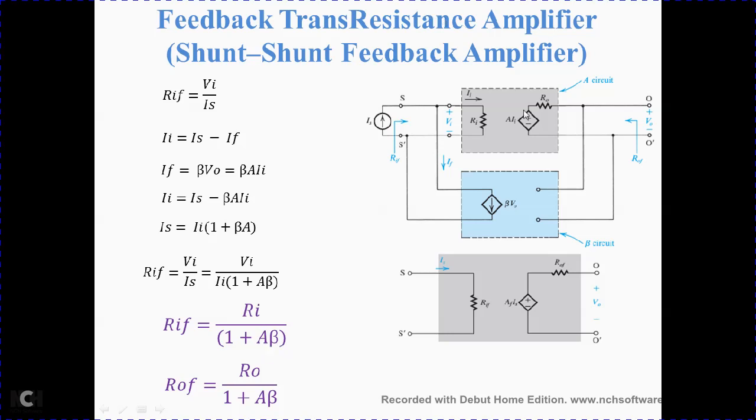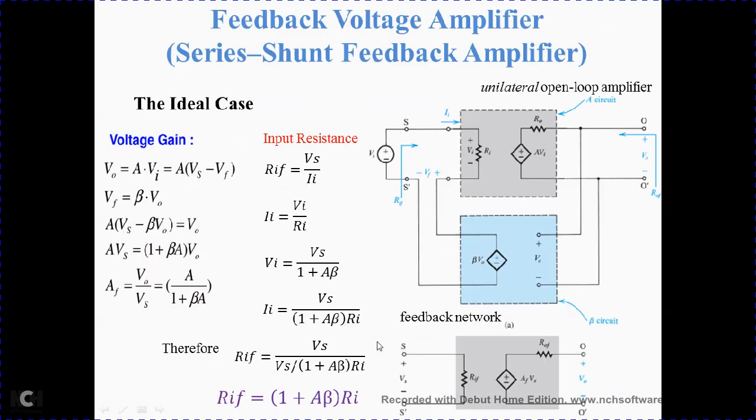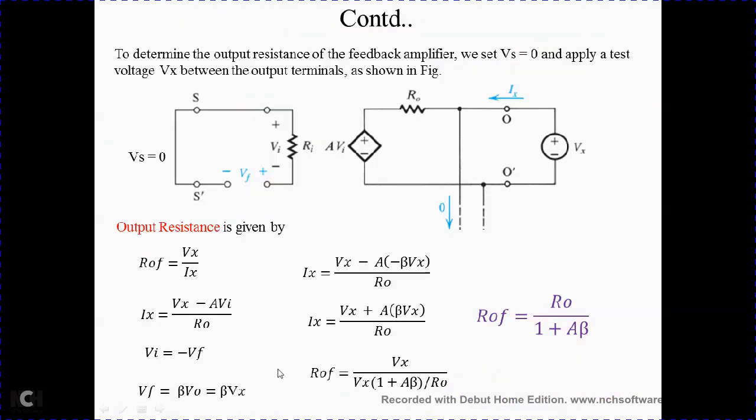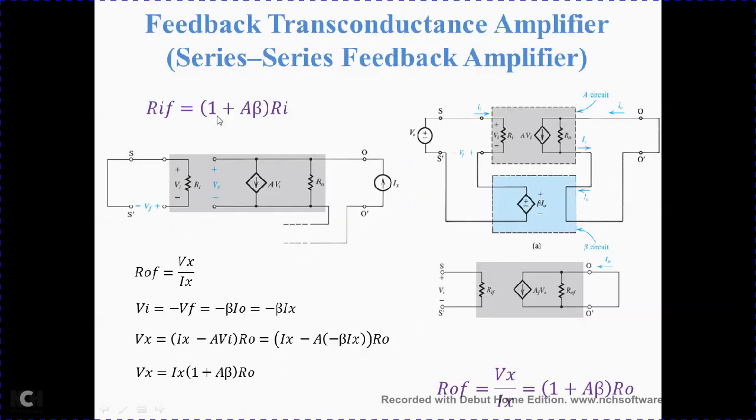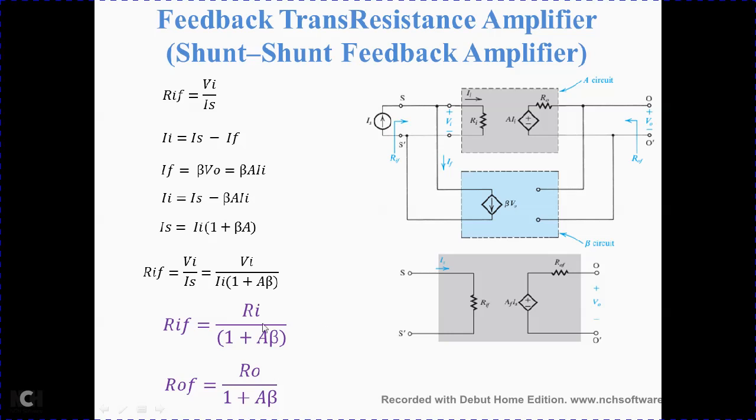In this trans resistance amplifier, input resistance is reduced by a factor of 1 plus A beta. In the previous two cases it was increased by the same factor. But here in trans resistance it is decreased by a factor of 1 plus A beta, and output resistance is also decreased by a factor of 1 plus A beta.